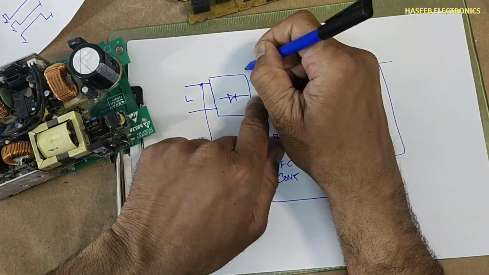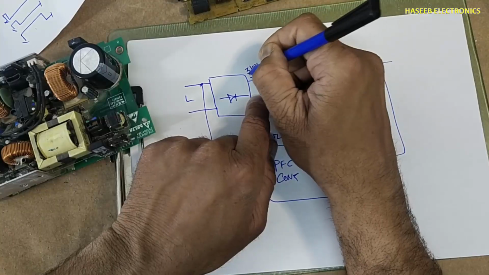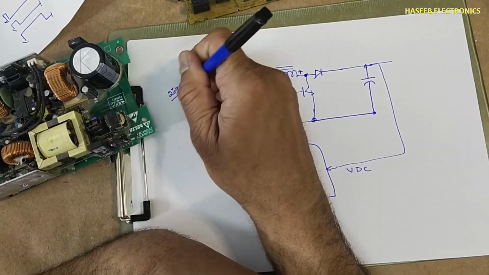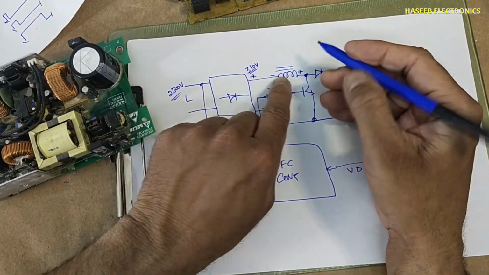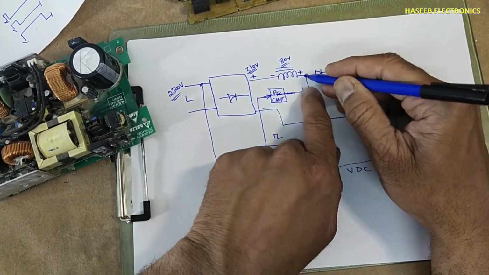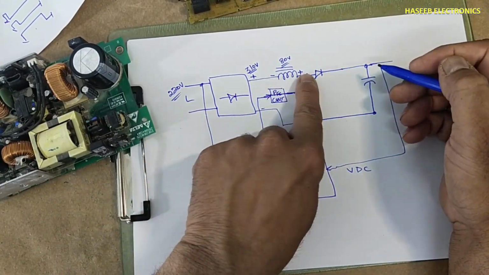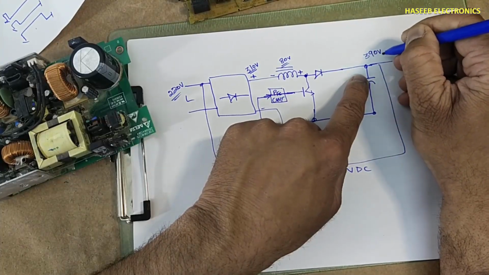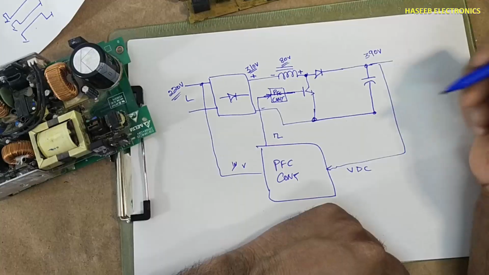If 310 volt here, in case we are providing 220 volt, 310 plus 80 volt from here will be rectified because this diode is forward biased now. We will receive 390 volt here at this capacitor.